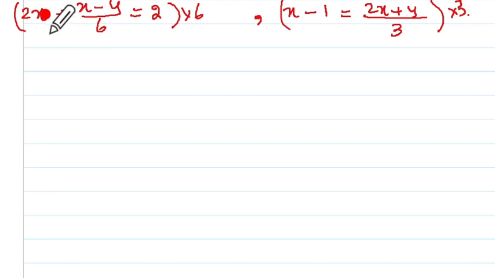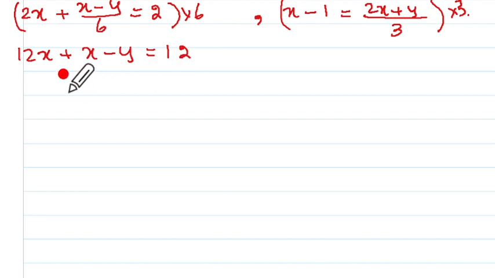Okay, so 6 into 2x will be 12x plus this 6 and this 6 will get cancelled. You will have x minus y equal to 6 2's 12. So you will have 12x plus x, that will be 13x minus y minus 12 equal to 0.